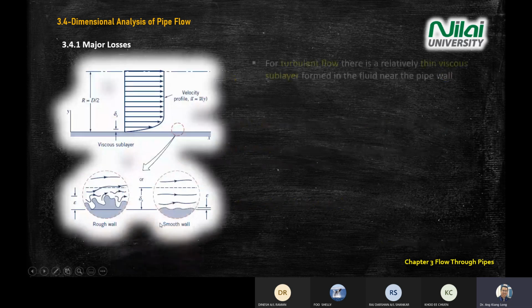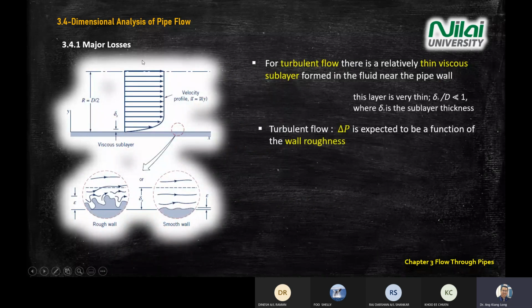Okay, I want to show you one important thing. If you're calculating for turbulent flow, then there will be a sublayer viscosity happening. But anyway, this one will not be in your test. You just need to strengthen your understanding in fluid dynamics or fluid mechanics.